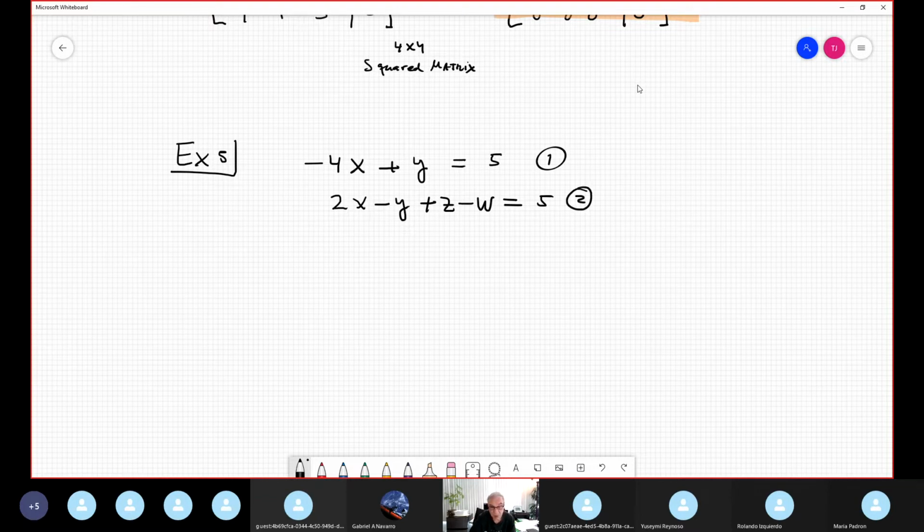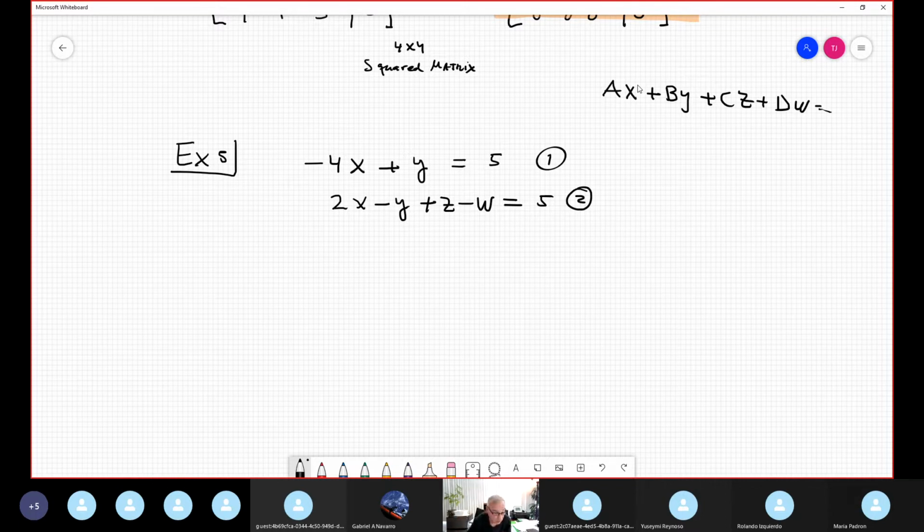So don't expect in real life the equation to be expressed in standard form. Standard is when you have a coefficient times x plus a coefficient times y plus a coefficient times z plus another coefficient times w, and the number on the right hand side. Maybe in real life the equation is completely disorganized, and in order to put it in a matrix you put it in standard form first.